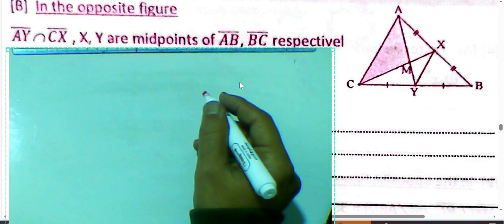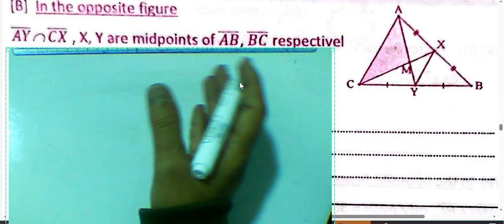Okay, listen to me about the steps. First step, we can write in triangle. First the proof here. We must prove first m is the centroid point. He gave me x and y are midpoints respectively.